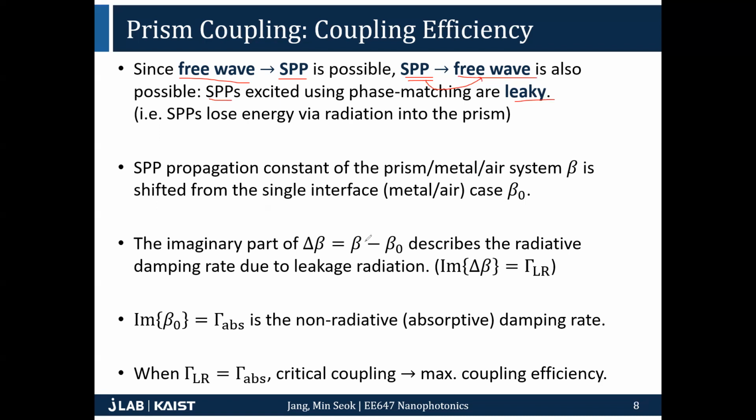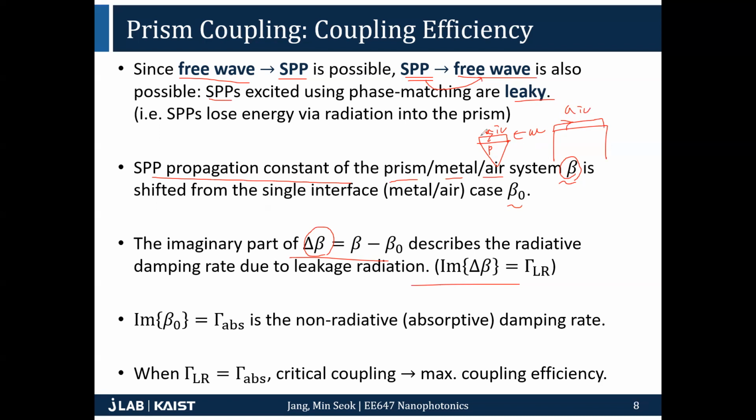But these are the details. Anyway, the imaginary part of the beta. So basically, compare the surface plasmon propagation constant of the prism metal air system and the simple air metal system. If you actually calculate the propagation constant of the plasmons in these two cases, they are slightly different, right?